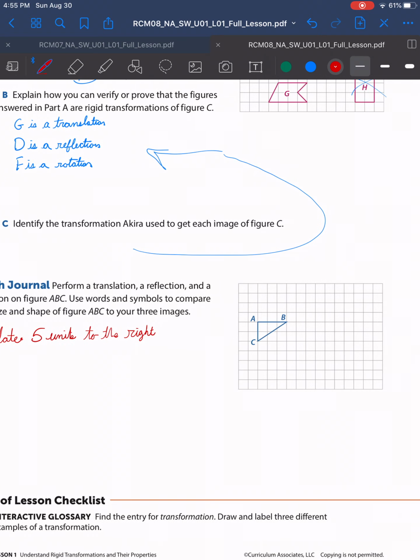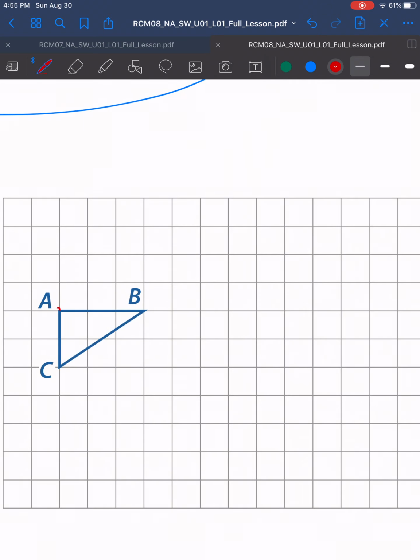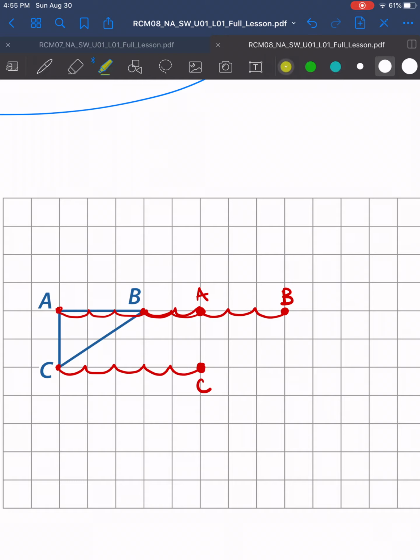Okay, let's do it. Let's move each of these little pointy points 5 units to the right. Let's start with A. 1, 2, 3, 4, 5. I'm going to erase all my little markings, don't worry. Okay, now take my eraser.